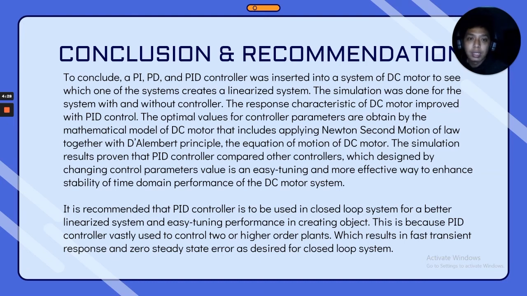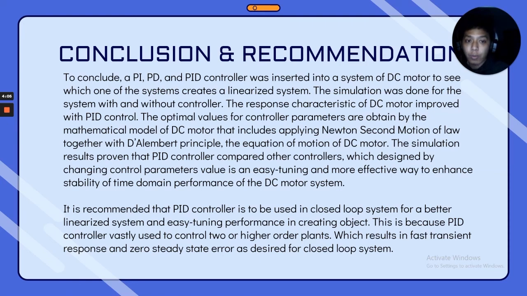The response characteristic of the DC motor improves with PID control. The optimal values for controller parameters are obtained by the mathematical model of the DC motor that includes applying Newton's second law of motion together with the D'Alembert principle.